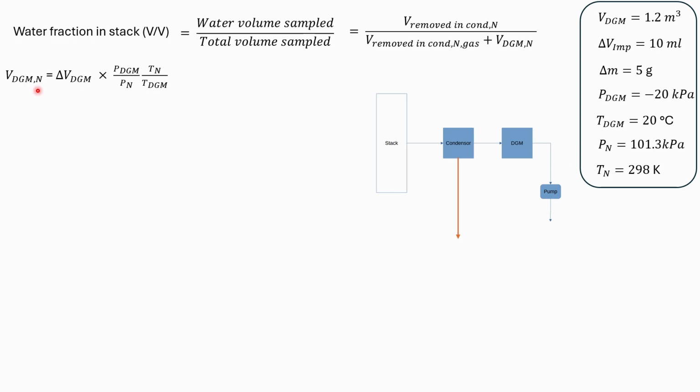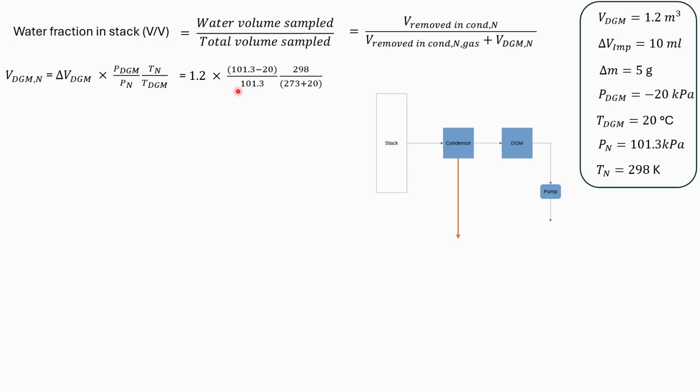First up, let's look at the volume in the dry gas meter. So we're going to normalize that. The volume we recorded on site was 1.2 cubic meters. That's the delta over there. We take 1.2 and we normalize using our DGM pressure. I said this is minus 20 kilopascal gauge. Any normalization is done with absolute pressures and temperatures. So we take that to an absolute pressure, saying it's minus 20 kilopascal from atmosphere at 101.3.